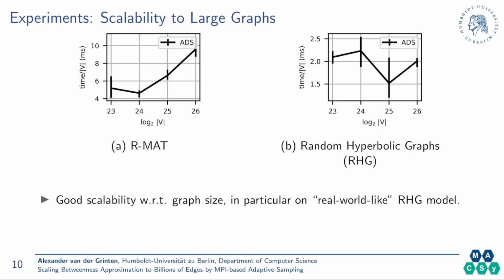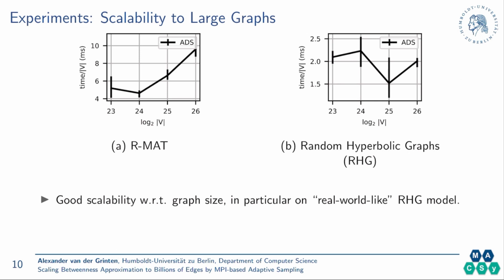Let us now consider the scalability with respect to the graph size. In these plots, we see the time that we need to solve an instance divided by its size. And we see that at least on random hyperbolic graphs on the right, the time required to solve an instance scales linearly with the instance size.